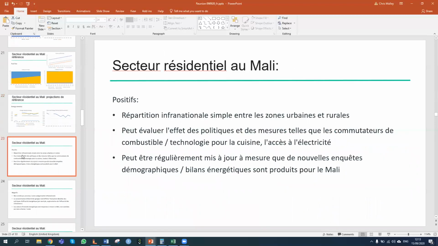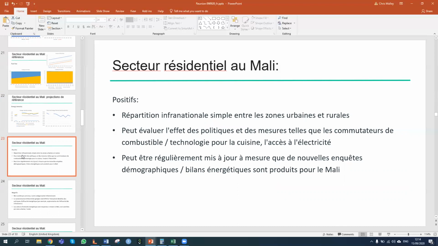So to finish this video, the residential sector model that we just showed you is good because it's relatively simple. It uses data from the Demographic and Health Survey and the National Energy Balance.